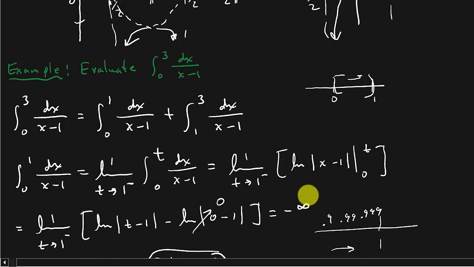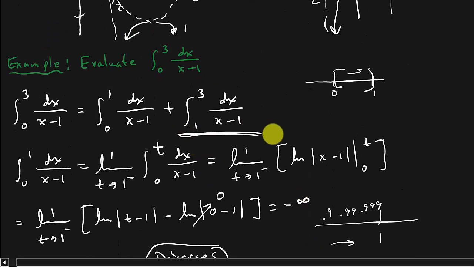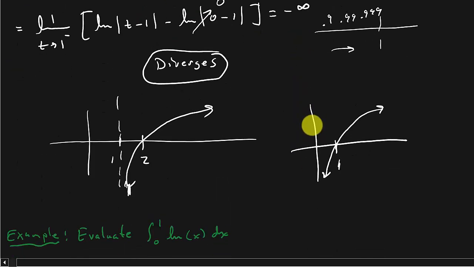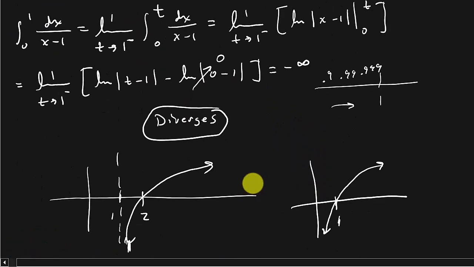And you might be thinking, yeah, but you didn't do this one. We don't have to. If this one diverges, we can stop. We don't need to evaluate this one. So that's what it is. The closer we get to 1 from the left-hand side, remember, we're not taking the natural log of a negative number.